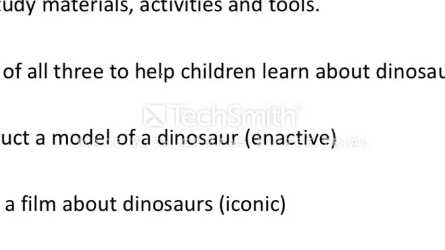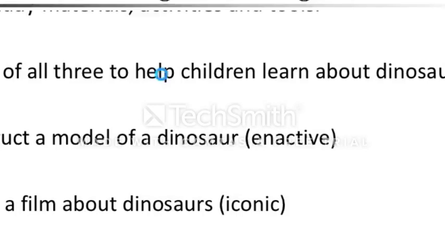So kapag symbolic na siya, you let the child consult references, text, and discuss findings kung paano at saan galing yung dinosaurs. So ganyan. So nagiging complicated na siya. So in conclusion, you can say that inquiry-based learning gives you the following advantages.